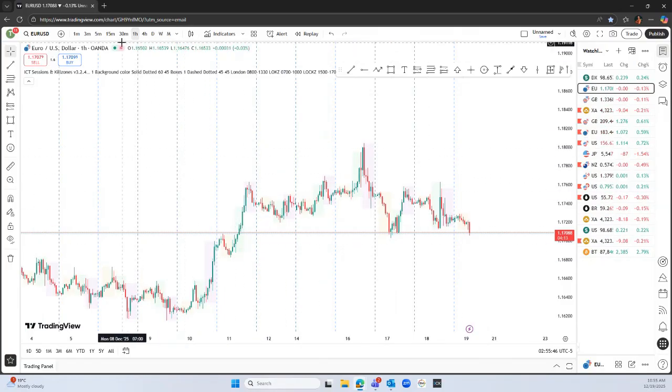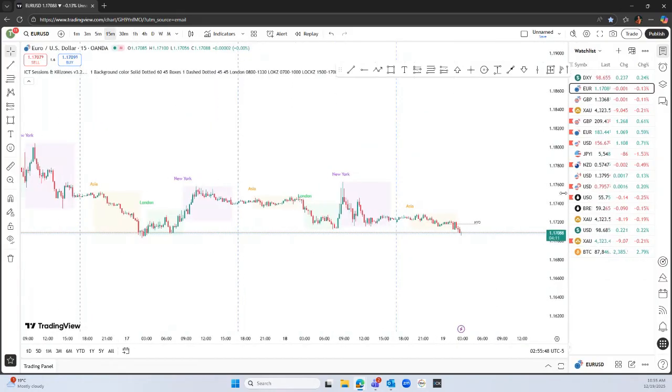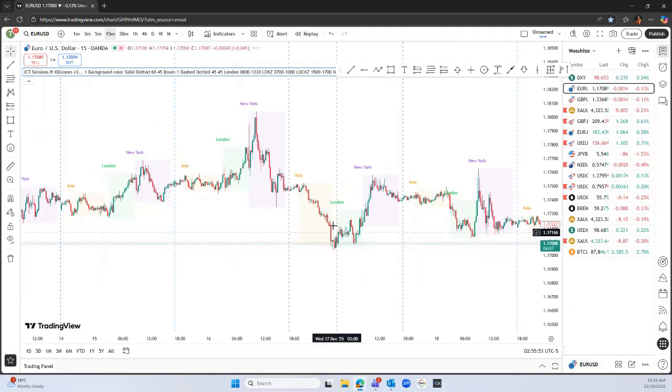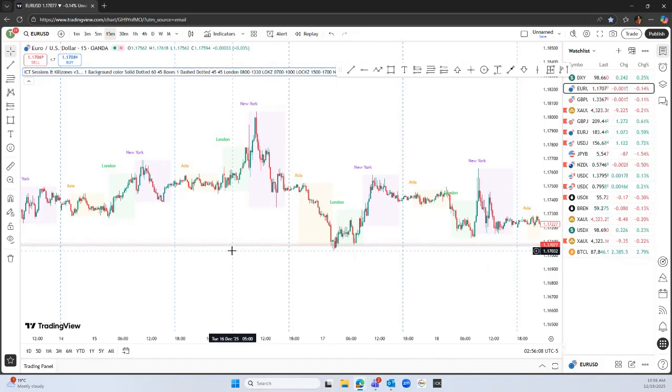So let me go to the 15 minute time frame so that you can see. We have a lot of clean moves during London. We also have a lot of clean moves during the New York session, as you can see. It has very tight spreads. It is less erratic and less prone to manipulation, and it's also ideal for learning structure and liquidity.